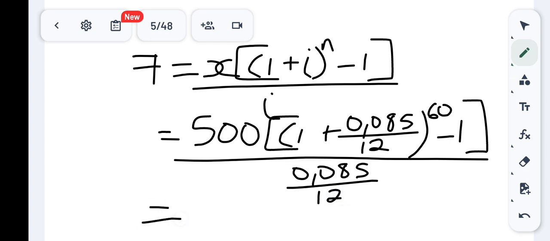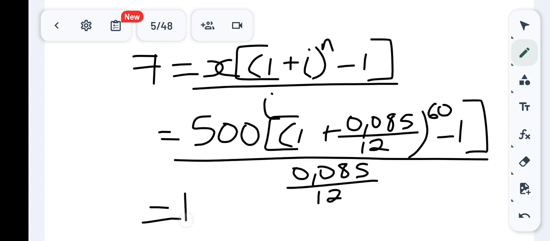So let's take this into our calculator. That is 500, 1 plus 0.085 over 12, exponent 60, minus 1, and then you need to divide by 0.085 divided by 12.